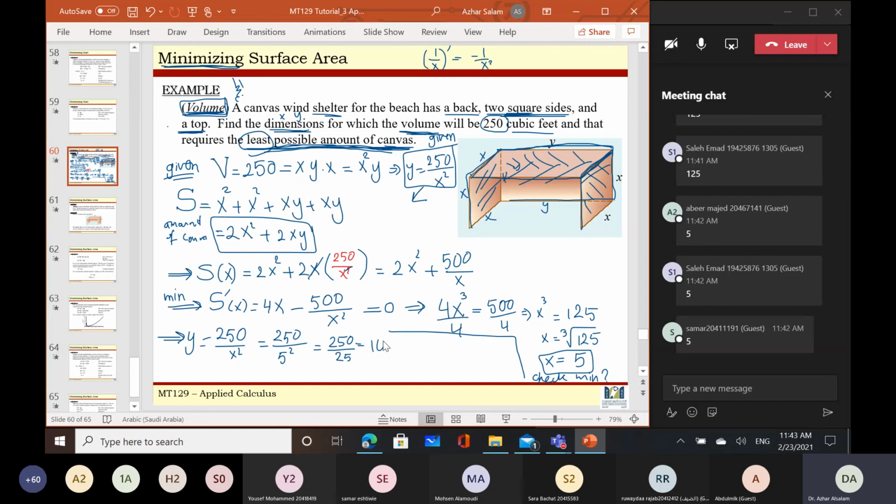It's equal to 10. This is the value of y. So the dimensions will be x equals 5 and y equals 10. These dimensions give me the least possible amount of canvas. If x is 5 and y is 10, it will give me the least possible amount of fabric to cover this shelter.